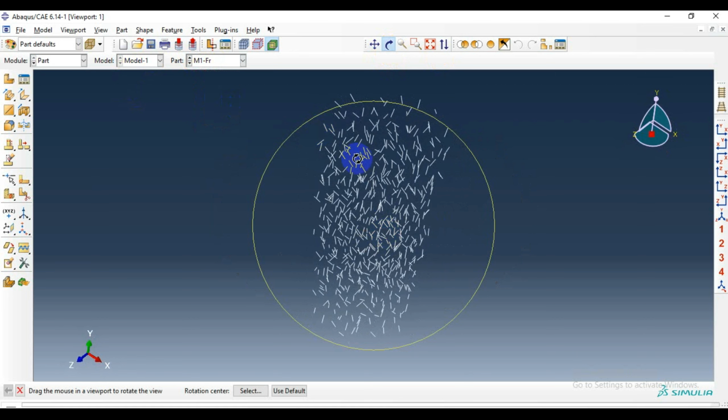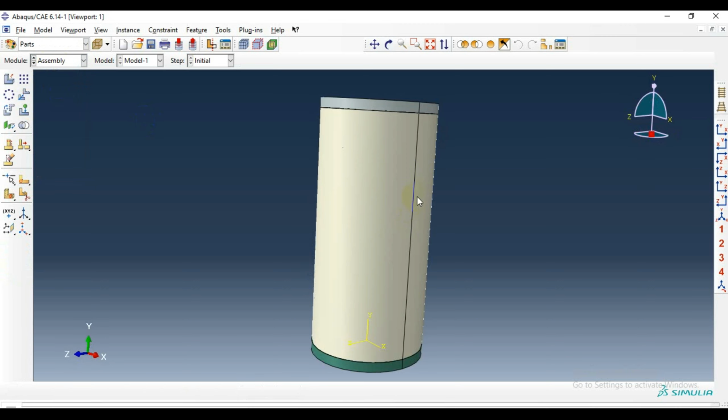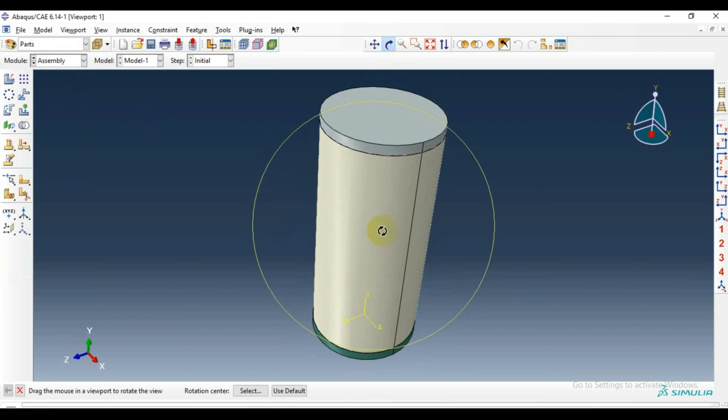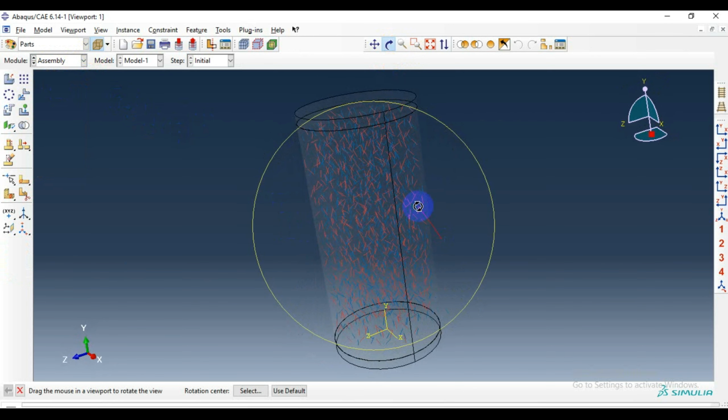They have a uniform length, and these fibers are uniformly distributed and randomly oriented within the concrete matrix. In the assembly you can see this is the concrete matrix. I demonstrated how to do it, and the fibers that are uniformly distributed and randomly oriented within the concrete matrix are visible over here.